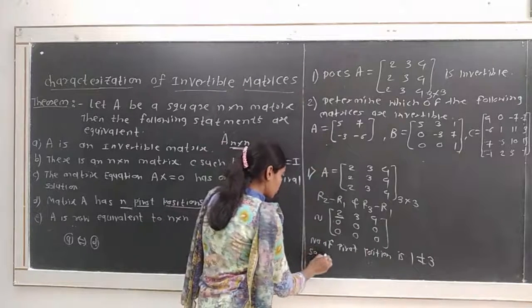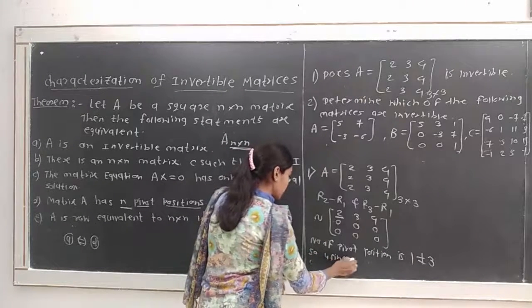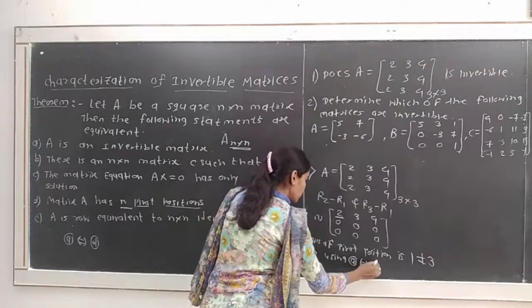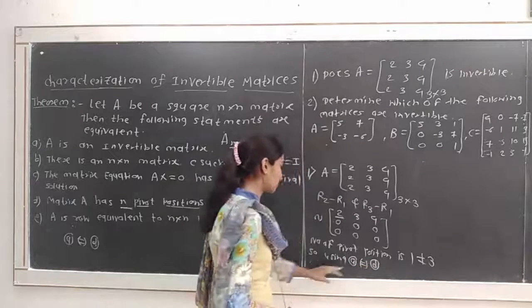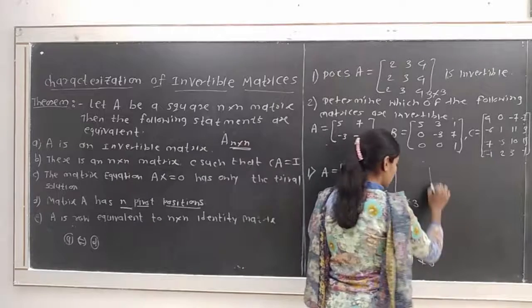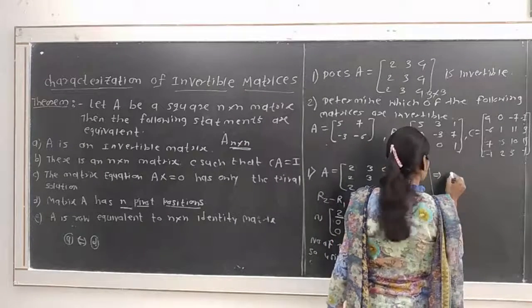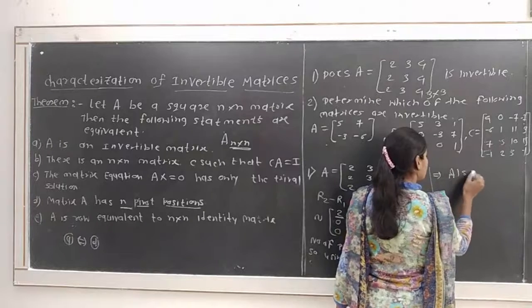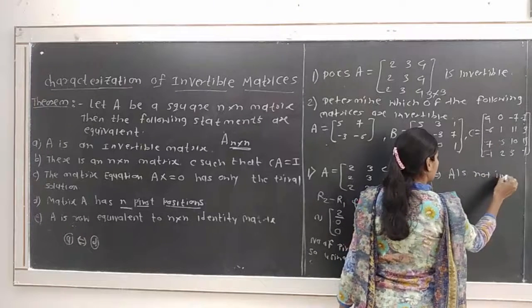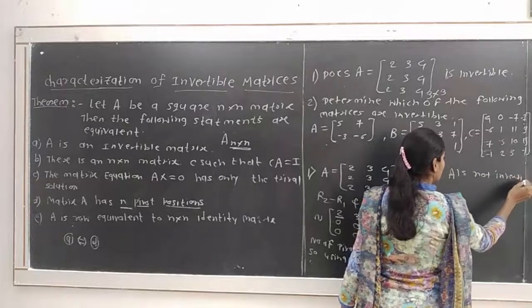So using A equivalent to D, we can say that A is not invertible.